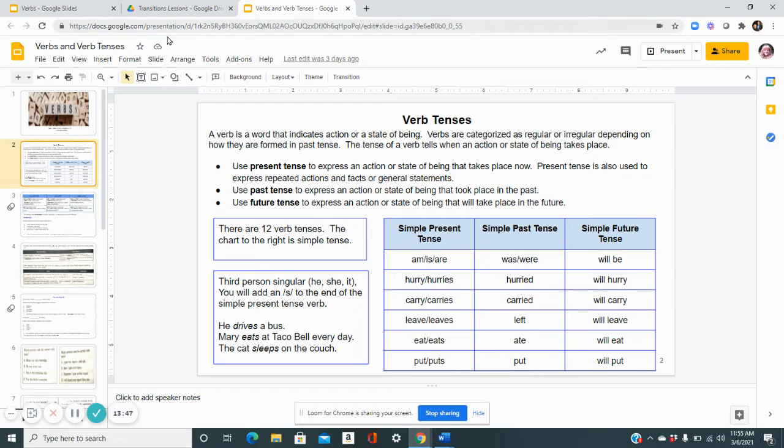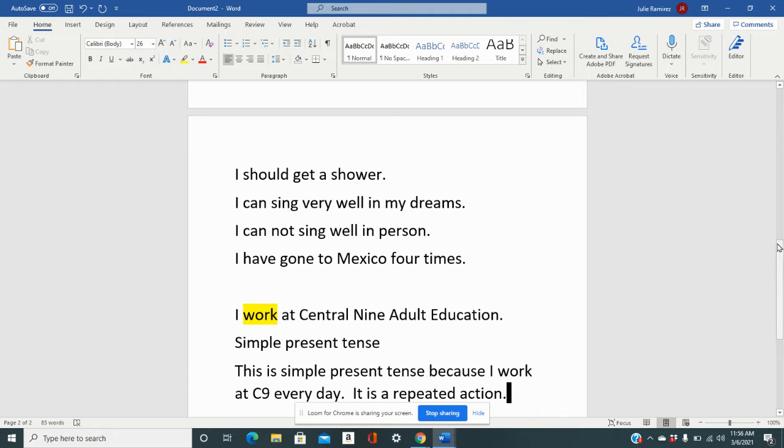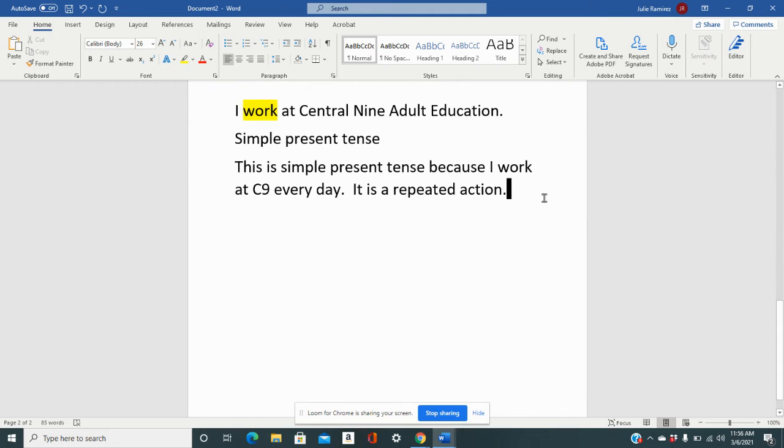Past tense. Past tense expresses the action or state of being that took place in the past. So if I no longer work at Central 9, I would say, I'm not going to use Central 9. I'll use my job that I left 2 years ago.